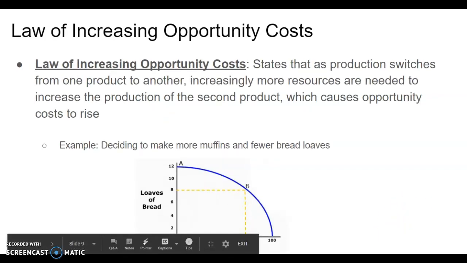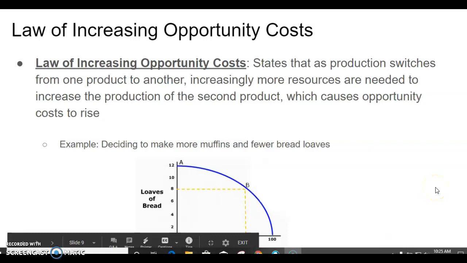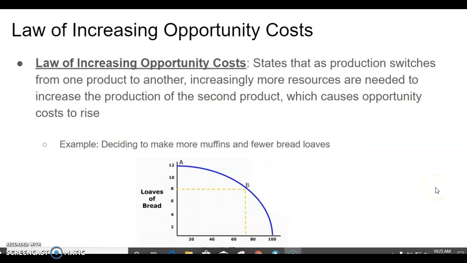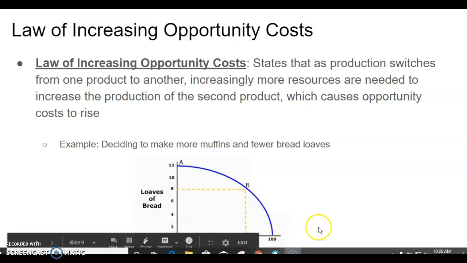Now we're going to switch gears a little bit and talk about the law of increasing opportunity costs. This law states that as production switches from one product to another, increasingly more resources are needed to increase the production of the second product, which causes opportunity costs to rise. So, if we go back to our example of muffins versus bread loaves, here at 12 loaves of bread, you need 12 loaf pans, and you don't need any muffin pans.